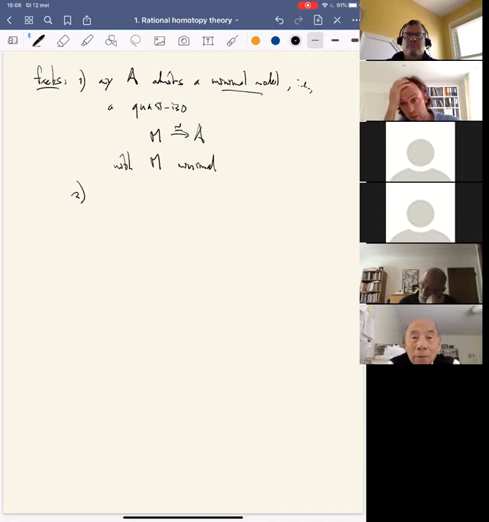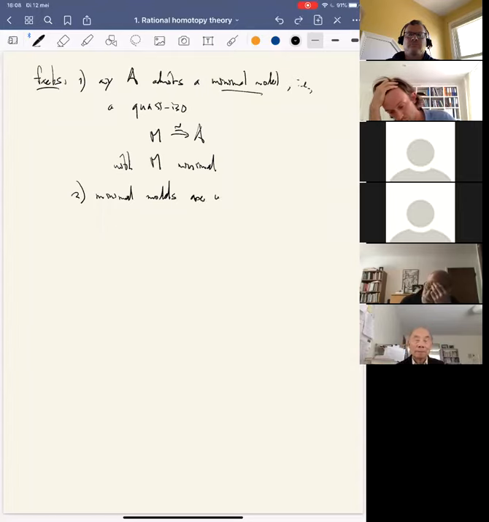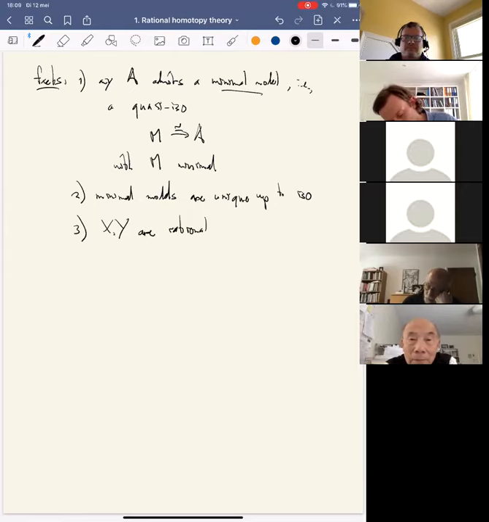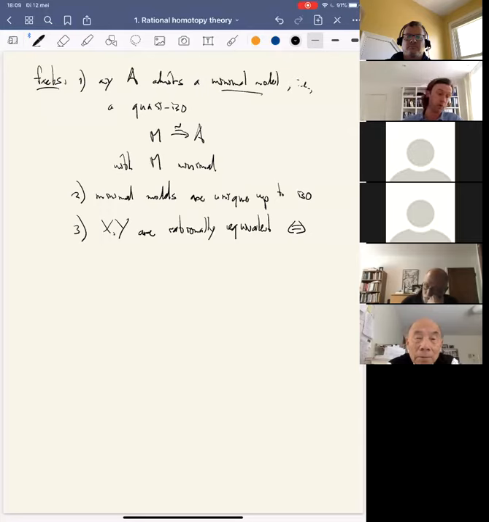The second one is that these minimal models are unique up to isomorphism. And then the third one is, if you have 2 spaces, X and Y, then these are going to be rationally equivalent if and only if you can find an isomorphism between their minimal models.